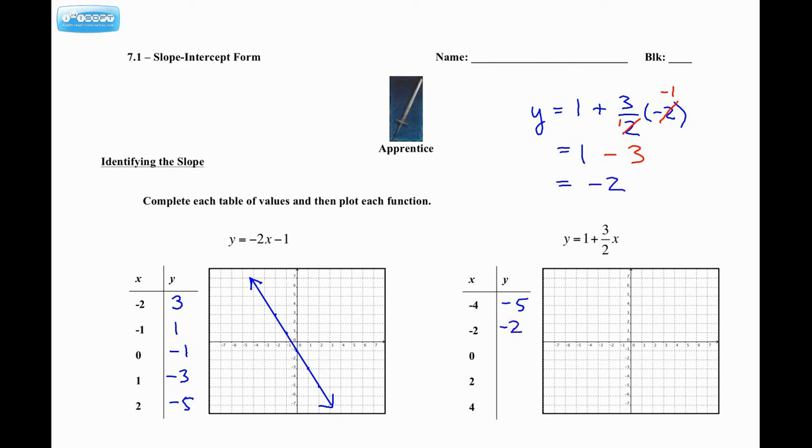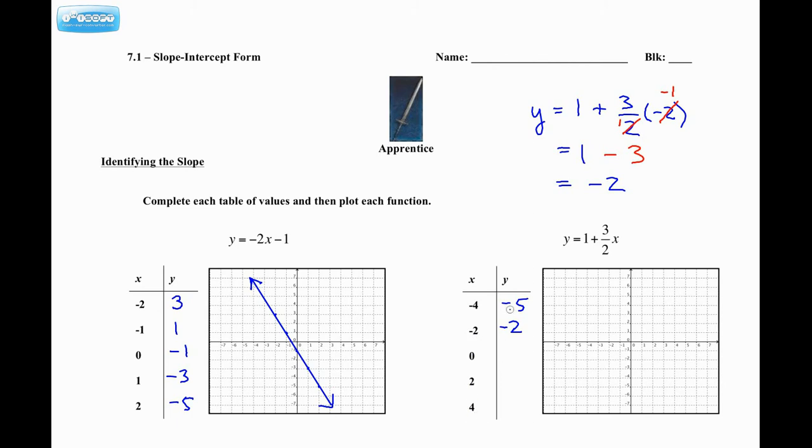Now, since we already know that this is linear, hence we're going to get a straight line, instead of using this technique for the rest of these numbers, which take a little time, I'm going to apply the technique that we used in the previous section when we were trying to identify linear relations. So notice how x is always increasing by 2.